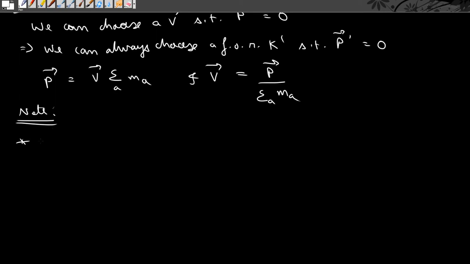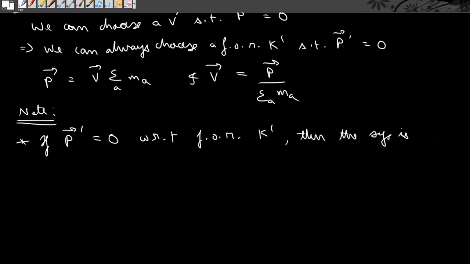If P dash is equal to 0, that is, the total momentum is 0 with respect to frame of reference K dash, then the system is said to be at rest relative to that frame, relative to K dash.